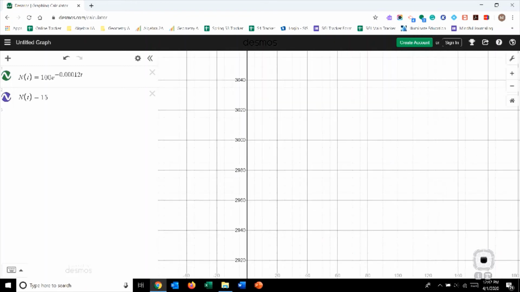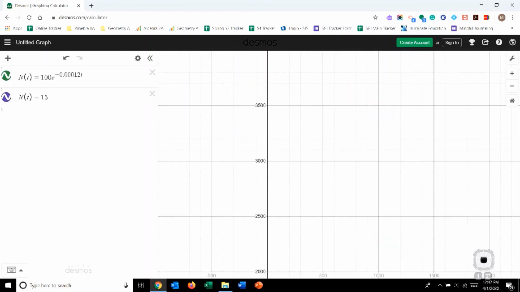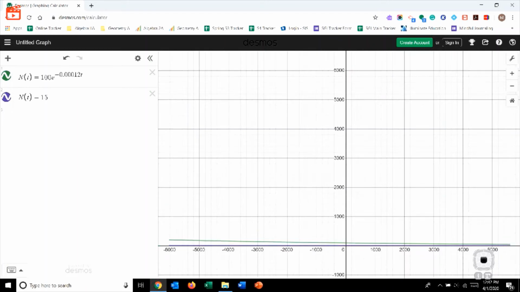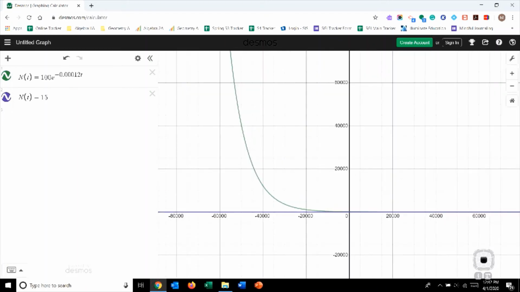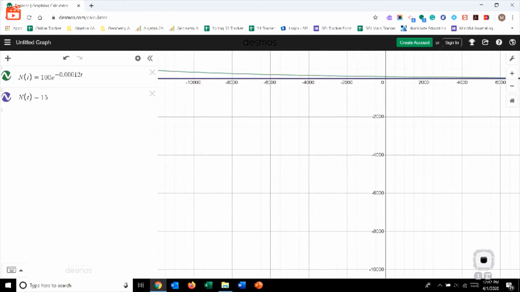So let me zoom out. Okay. So I have a graph right here, and then again I'm looking for the intersection point.